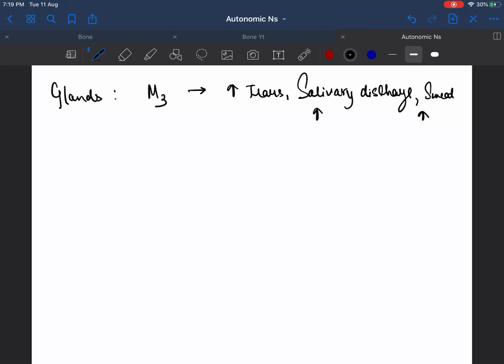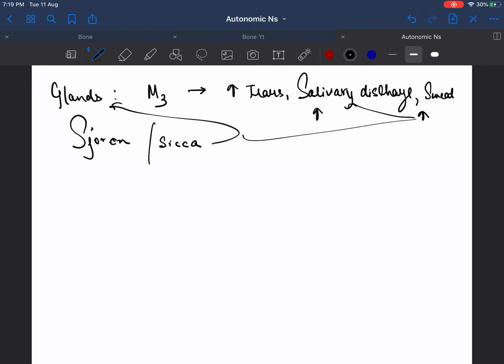So it is easy to understand if a person is, for example, suffering from Sjögren's syndrome, or the Sicca syndrome, I suppose. I think this is the name of the syndrome, Sicca syndrome. So you can give a drug which actually acts on the gland to increase the salivary discharge. We'll come to that later. So M3 receptors are present here, and this will lead to increase in all the gland discharge.